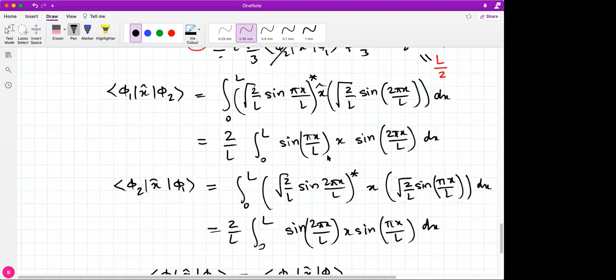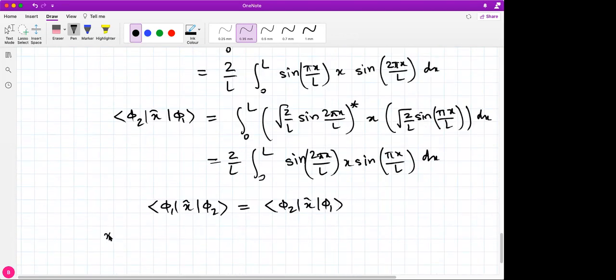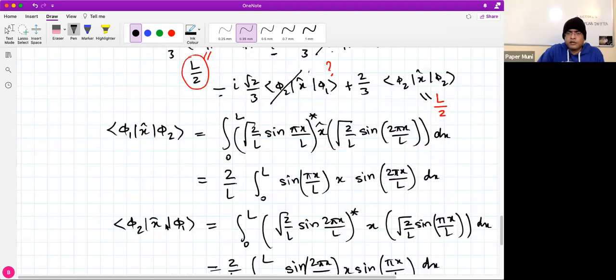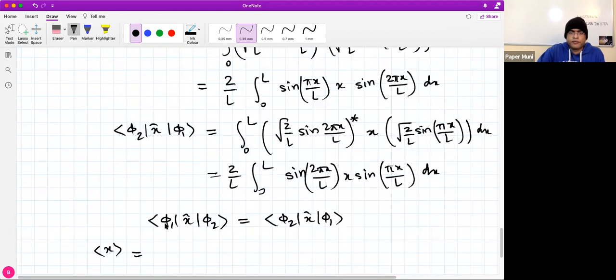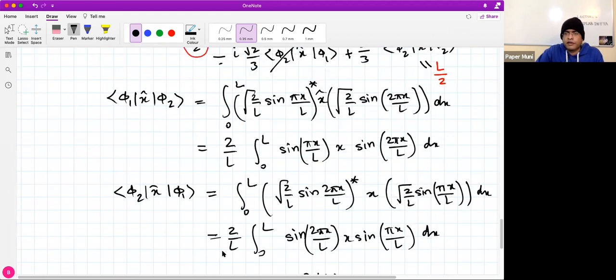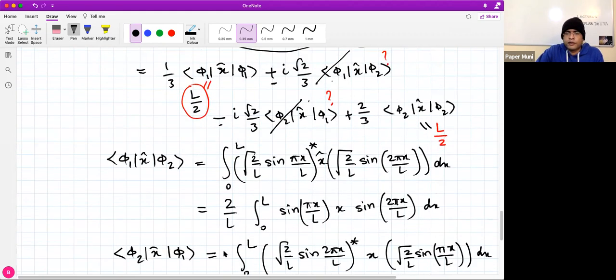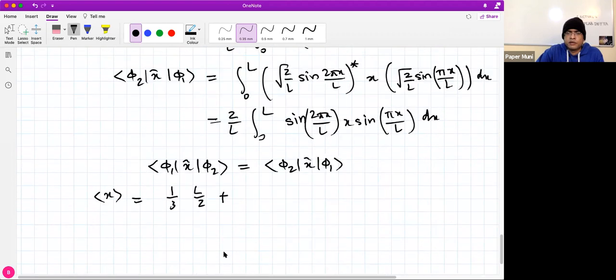So what do we have? We have x. This will give you 1 by 3 L by 2. And what else do we have? This is 2 by 3, and this is L by 2.